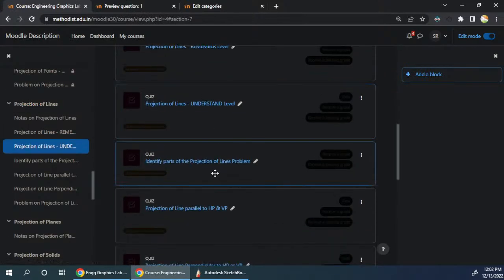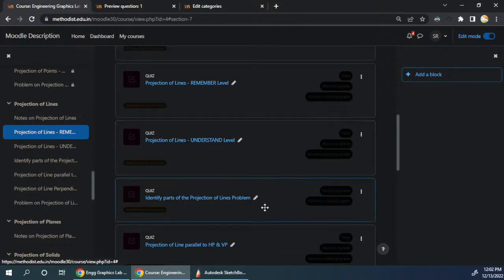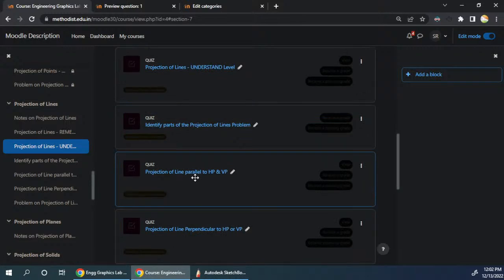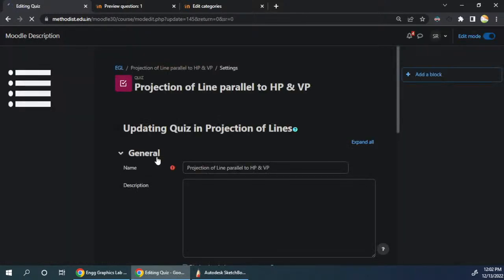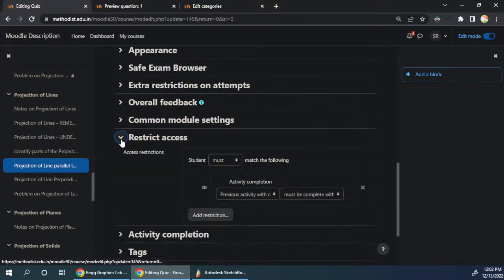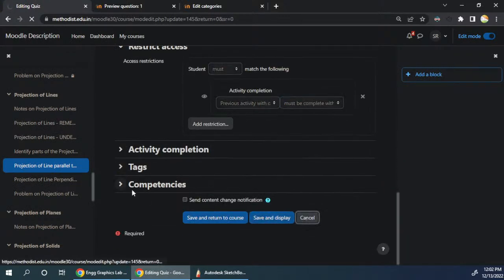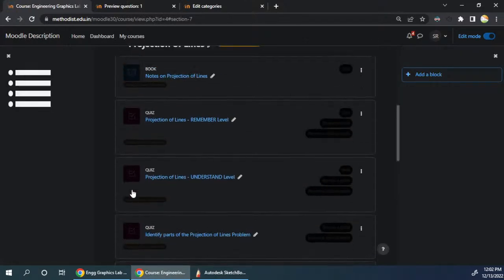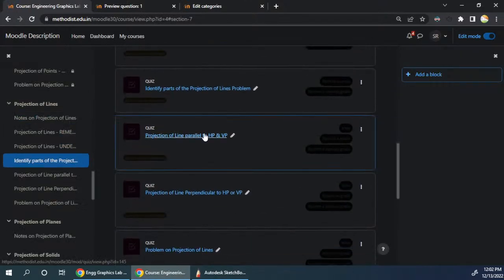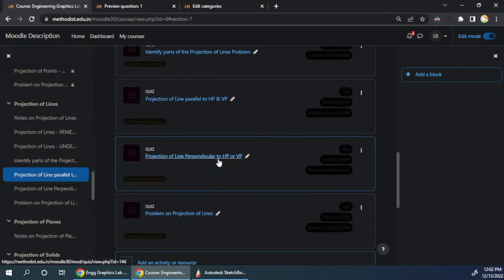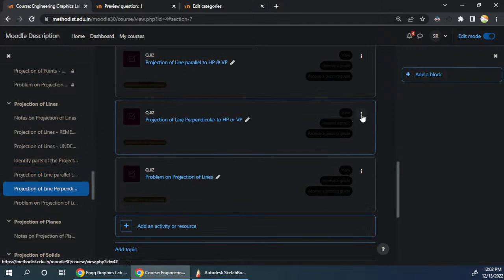Okay, so this one is going to be unlocked directly without these two as well. So after they complete this, this one is going to unlock. Is it predefined under the previous one? Give it a check. Yeah, that's correct. So projection of lines parallel to both HP and VP, perpendicular to HP and VP, and we need one more.